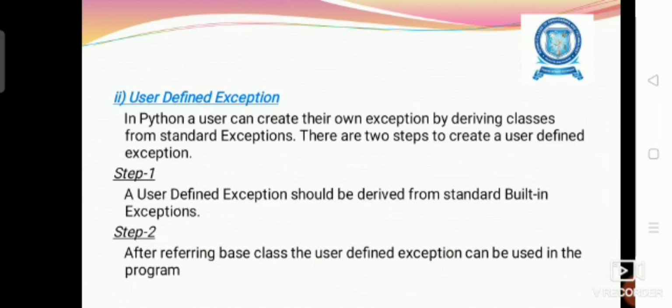So we have to do two things. In the first step, we derive our exception from the standard built-in exception. In the second step, we define our exception by referring to the particular base class.